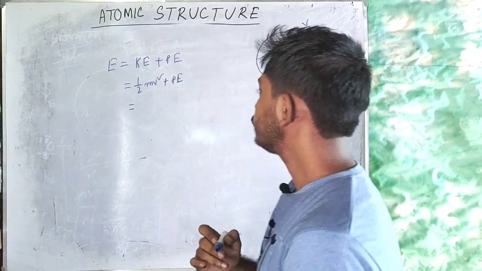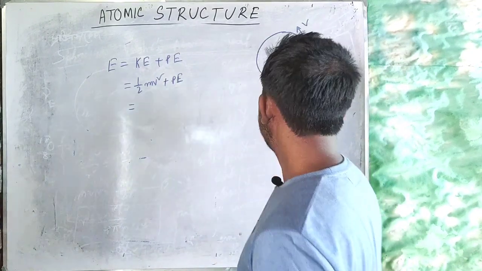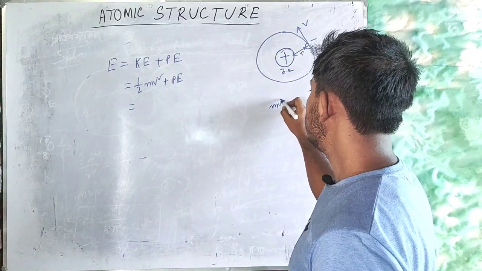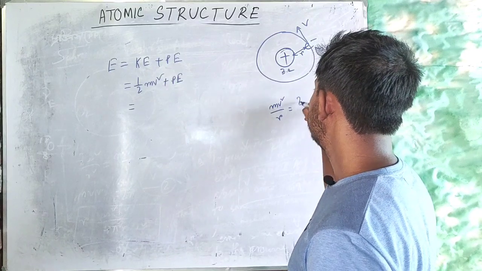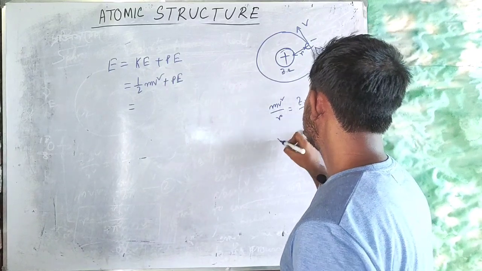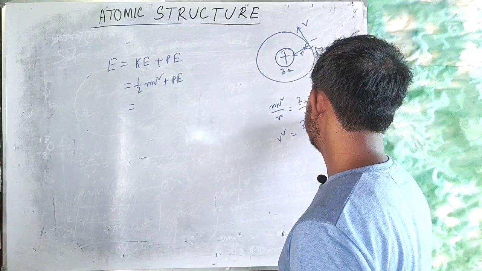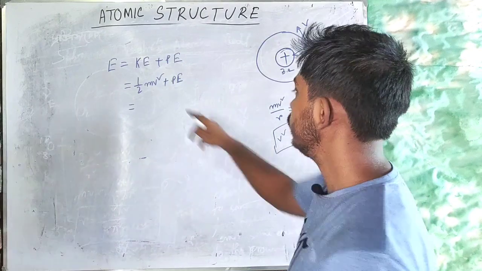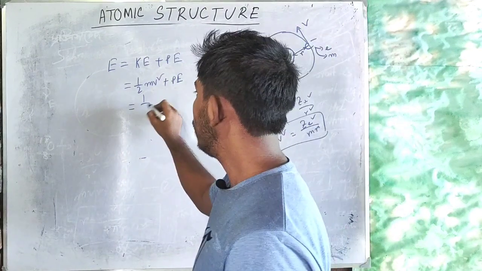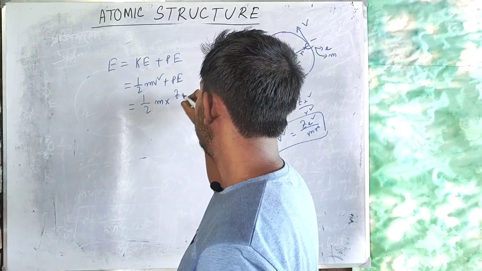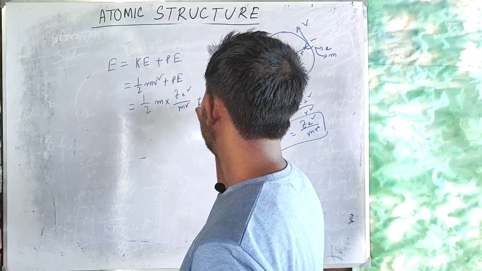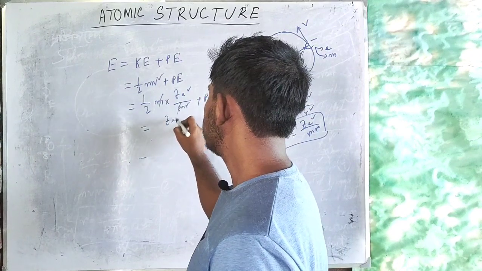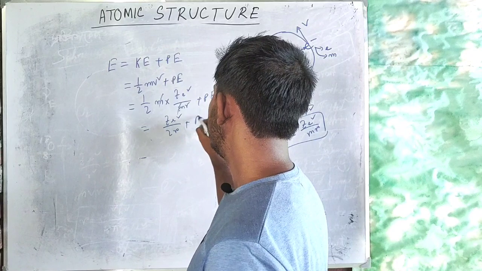For an electron while rotating in an orbit, we have seen that mv²/r will be equal to Ze²/r². So v² will be equal to Ze²/mr. Putting this value of v² in this equation, we will get ½ into m into Ze²/mr plus potential energy. So it will be Ze²/2r plus potential energy.